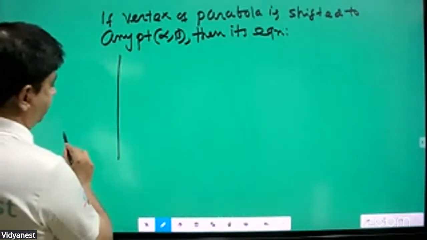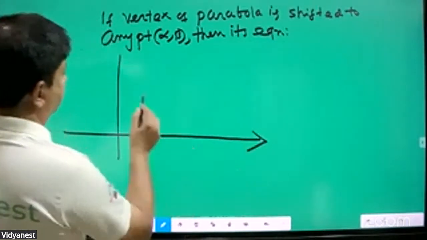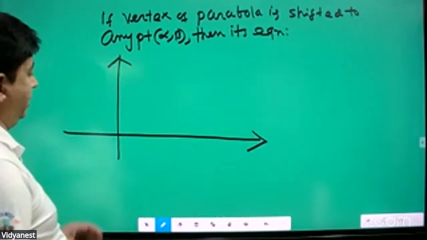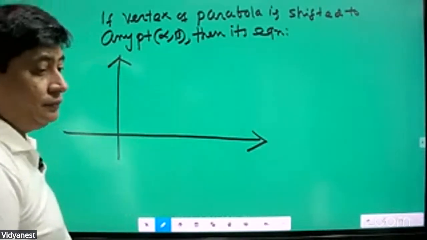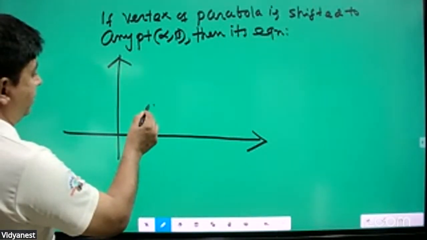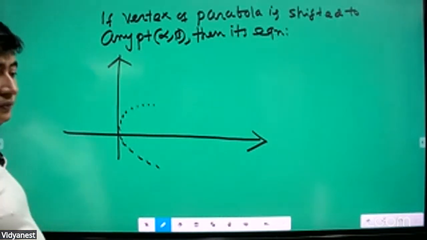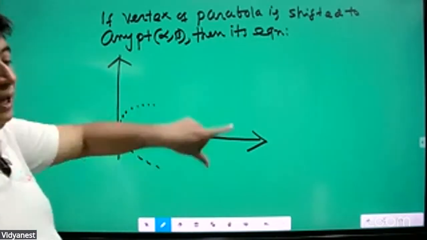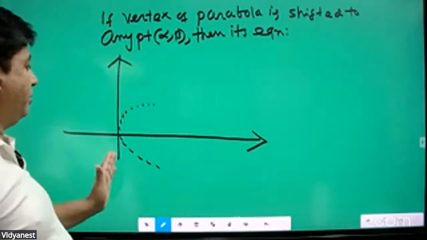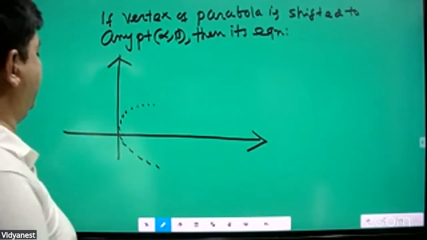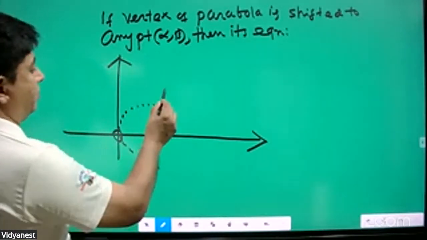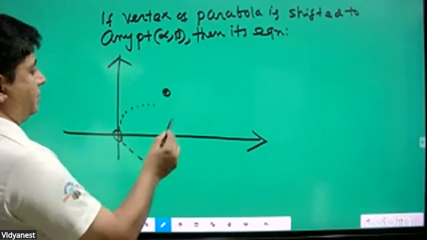See, previously we used to get the parabola like this. It is the edge of an umbrella. Suppose by a thunder shower, the umbrella is displaced to this place.